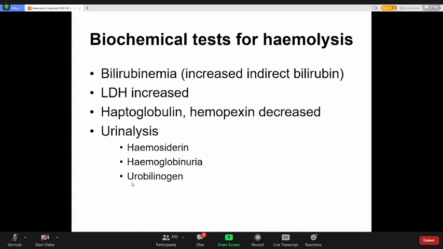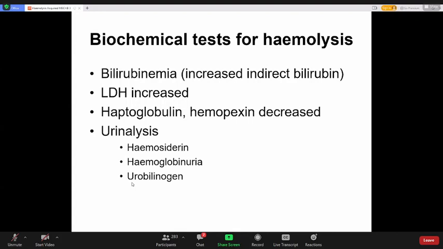Haptoglobin and hemopexin, you know that haptoglobin binds free hemoglobin, right? And we know that free hemoglobin is toxic to renal cells. So the body has this protein that complexes with free hemoglobin, and then the free hemoglobin is excreted, and this protects the renal cells from damage by free hemoglobin.